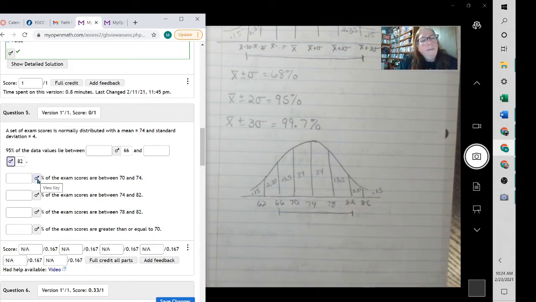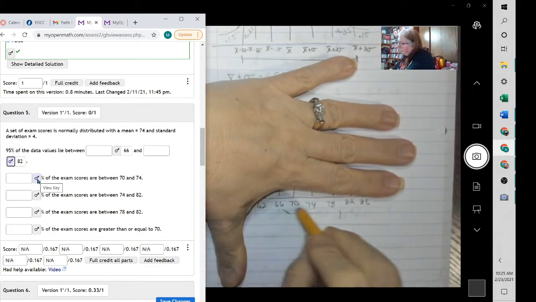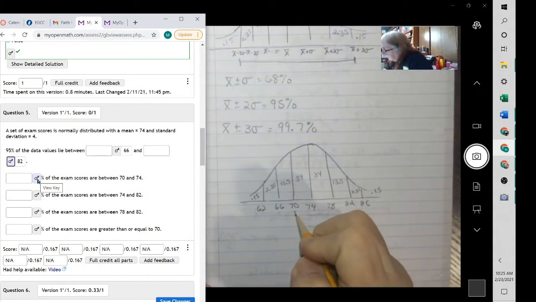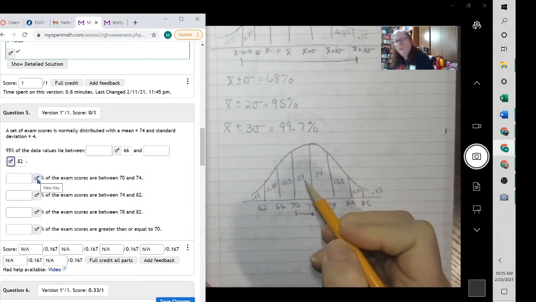Find the percent of the exam scores between 70 and 74. 70 to 74, 34%.